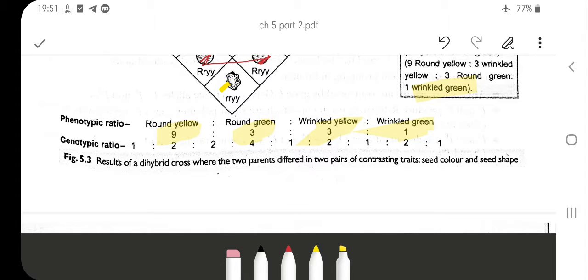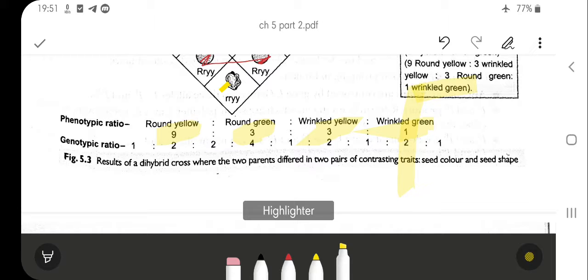During gamete formation, when the alleles are segregated and randomly fuse with each other, they may form some new combinations, and these two new combinations are expressed in this ratio as round green and wrinkled yellow.